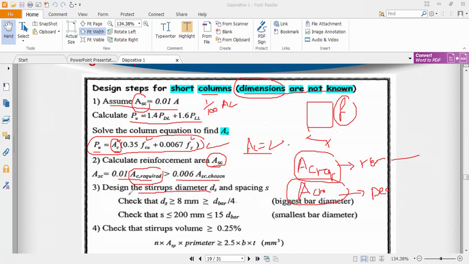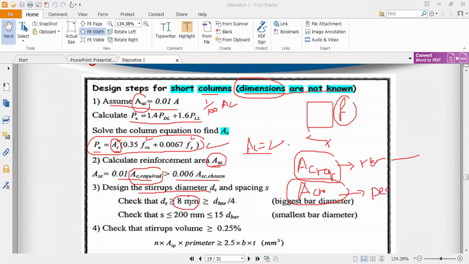Stirrup diameters. Okay. How to get these stirrup diameters? These stirrup diameters may be 8 millimeters or 10 millimeters. In the actual situation, we take 10 millimeters.